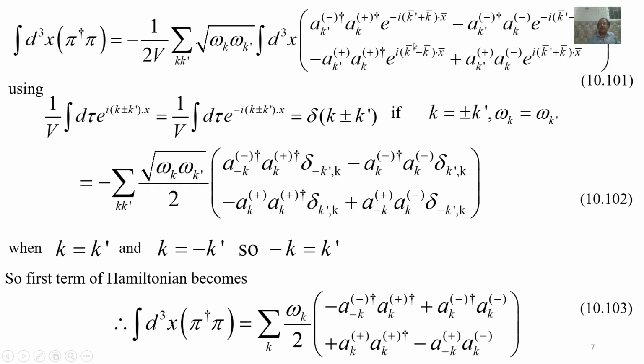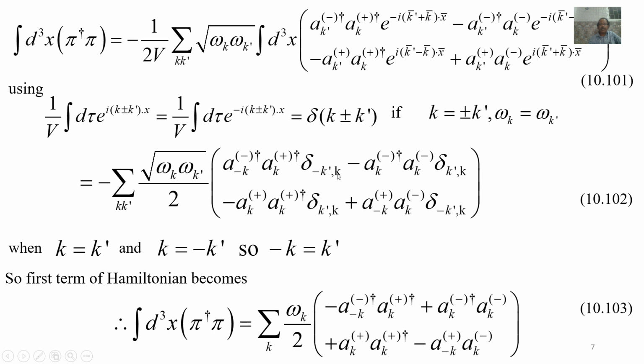Here it is k equals minus k prime, or otherwise you can say k prime equals minus k. I repeat, k equals minus k prime, or k prime equals minus k. So we can write this as delta of minus k prime comma k.